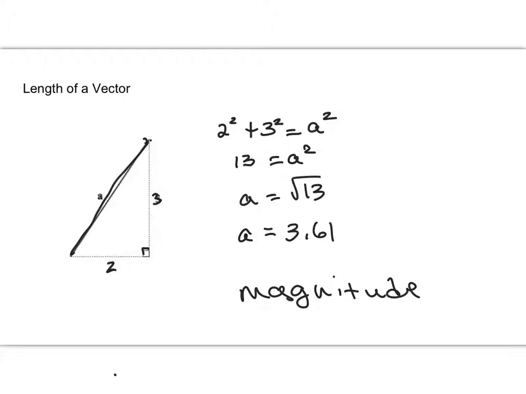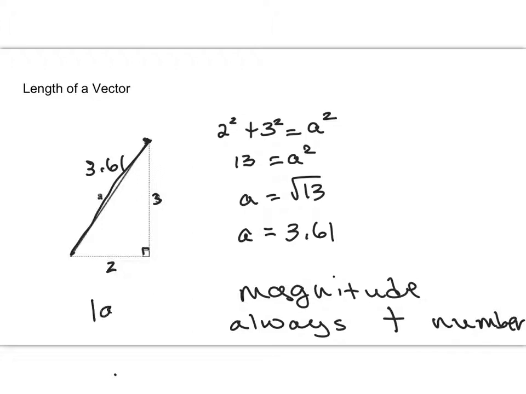So this length is about 3.61. That's the magnitude, and that is always a positive number. It's as easy as that. And don't forget from an earlier video that we wrote the magnitude of A as it looks like the absolute value function.